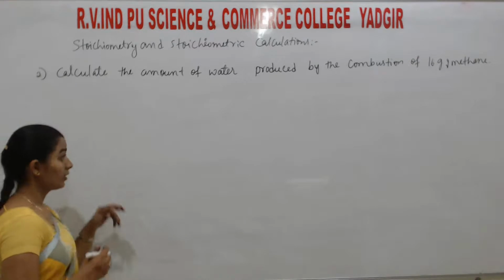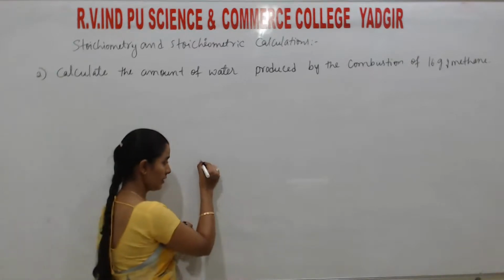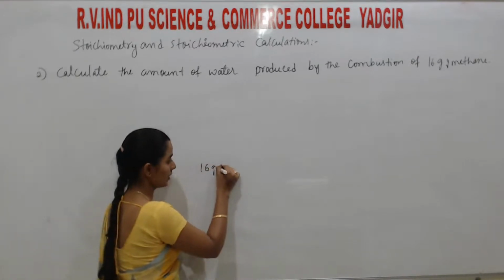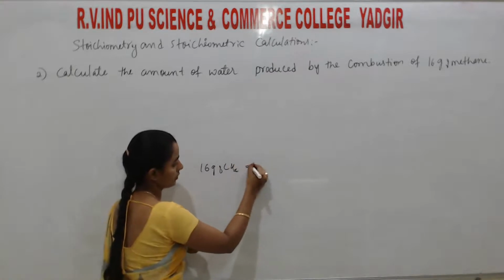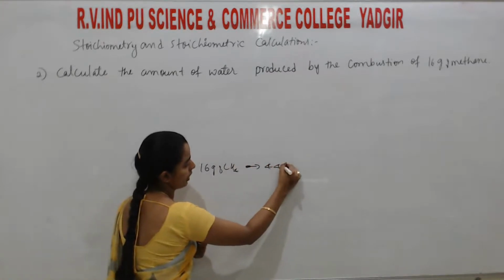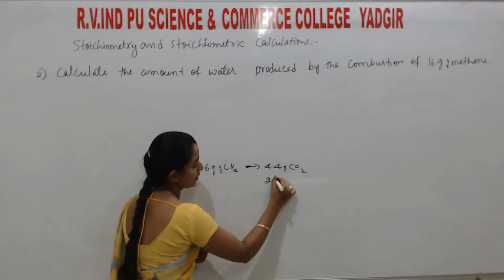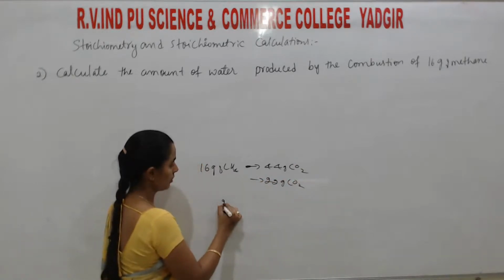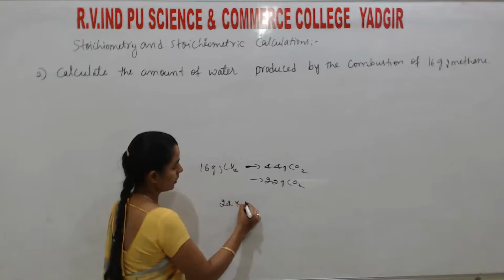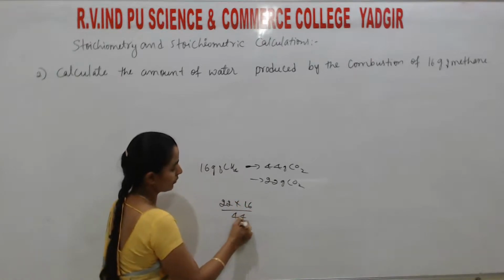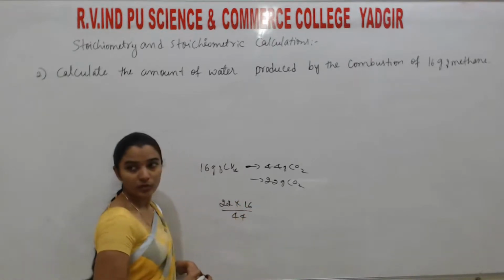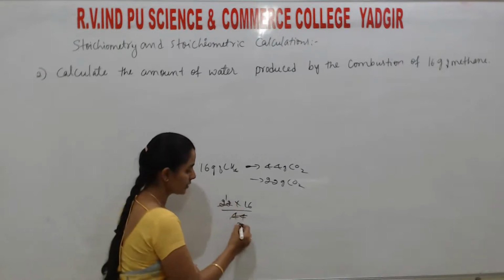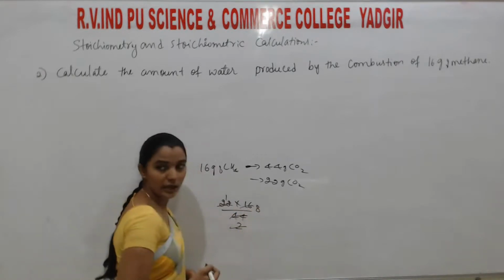So students, in the calculation I did before, I took 16 gram of CH4 to give 44 gram of CO2. So I took 22 gram of CO2, and while doing the calculation I did 22 into 16 divided by 44. This I divided by 4, but you just correct that: it is divided by 2, that is 8.